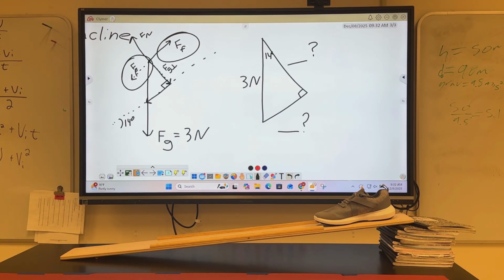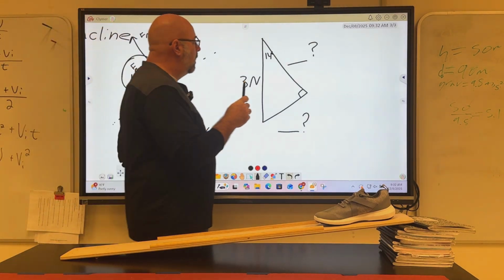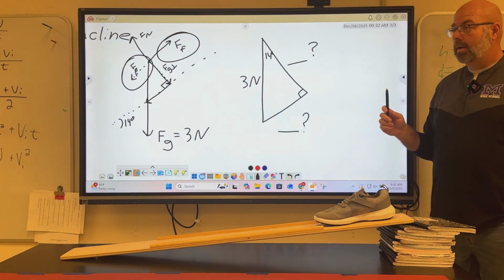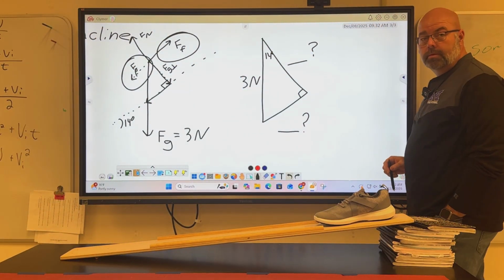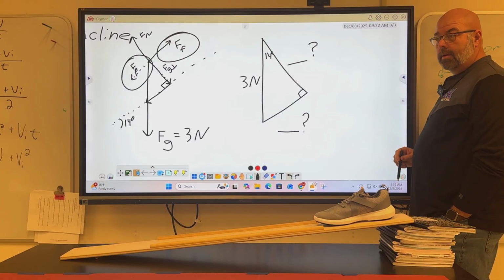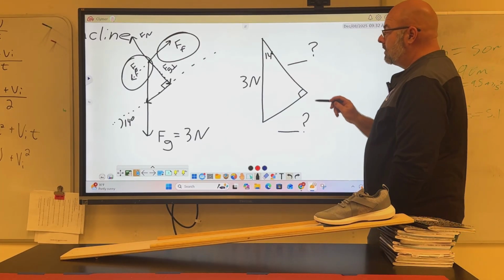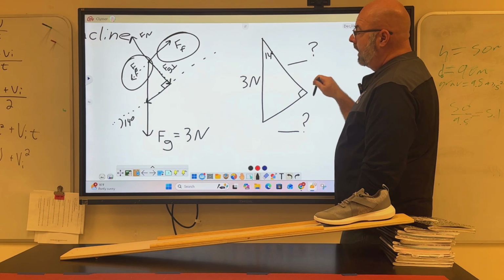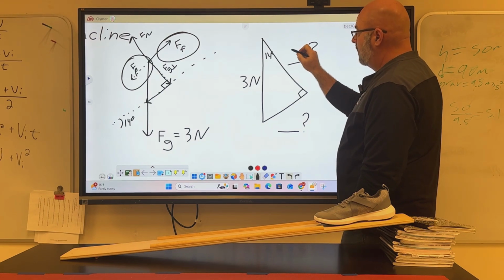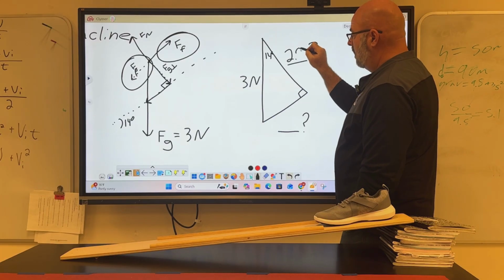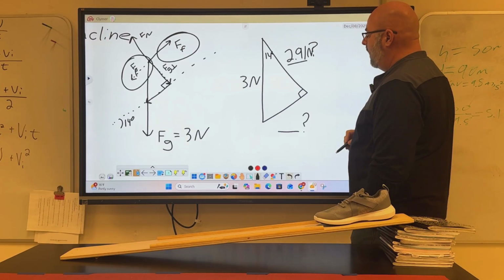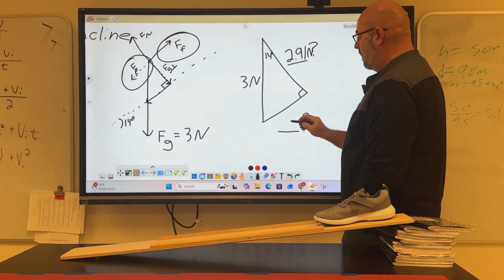All right, did we get some numbers here? Let's start with the perpendicular gravity force. Let's start with the adjacent. Okay, and what's our other one? 0.72.